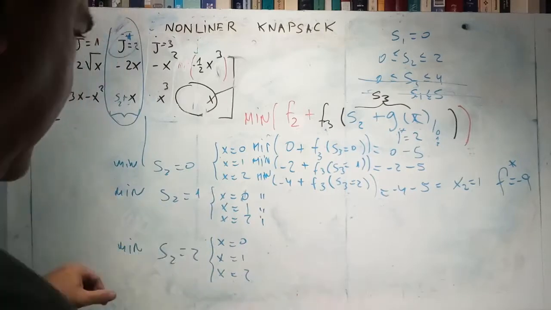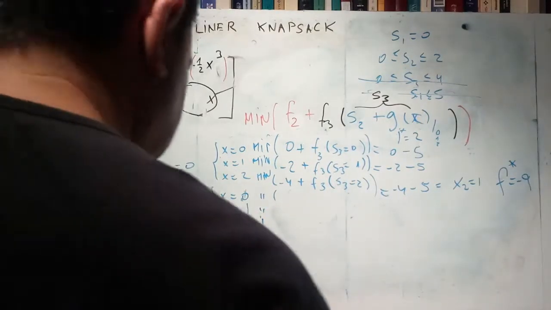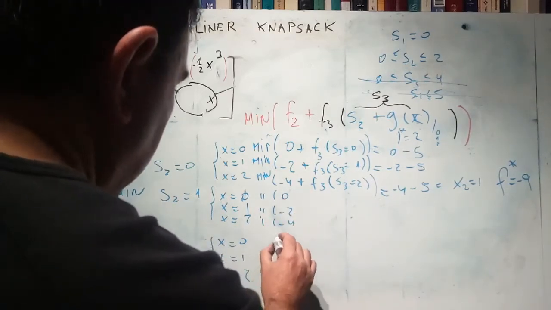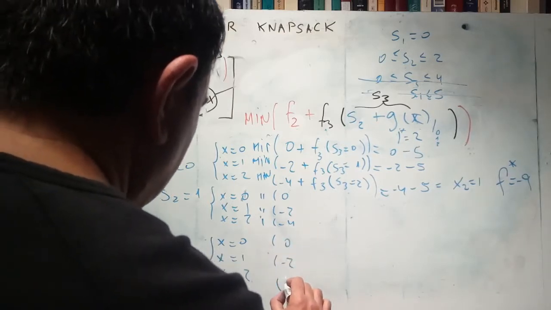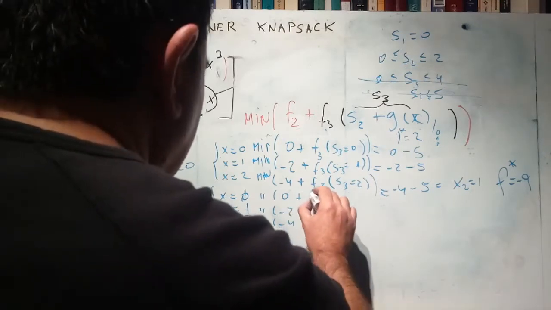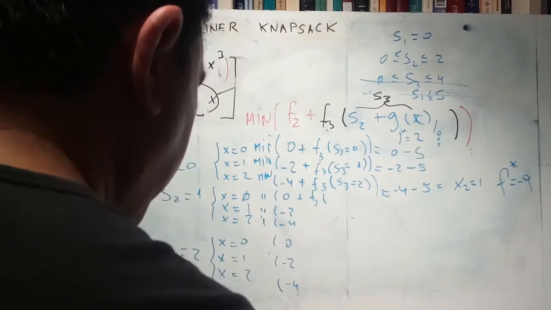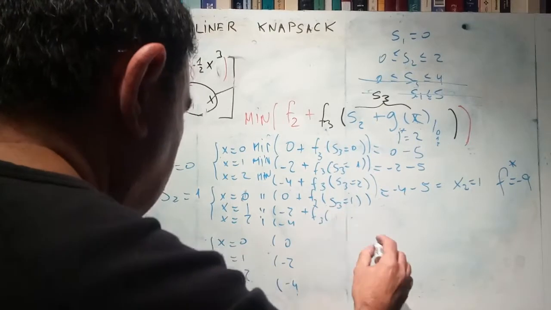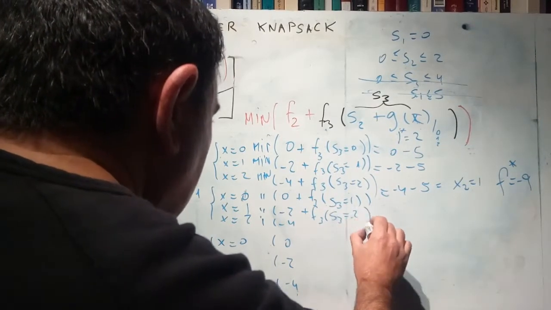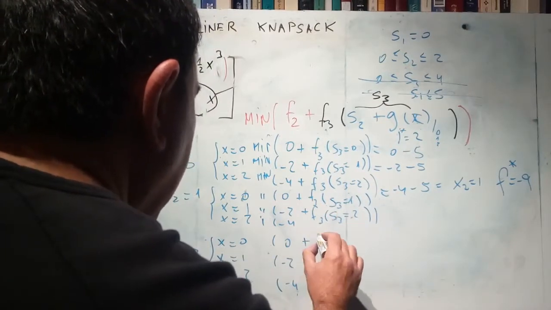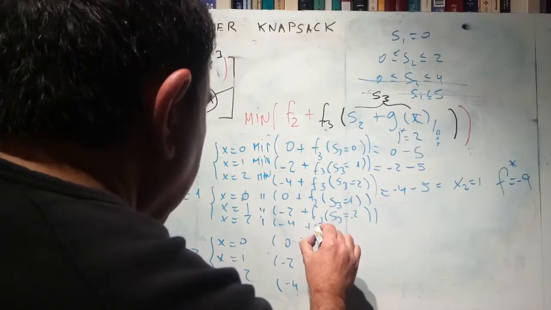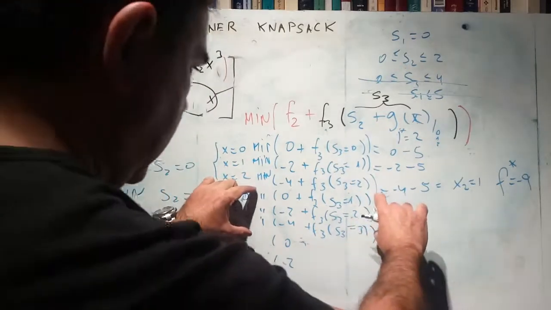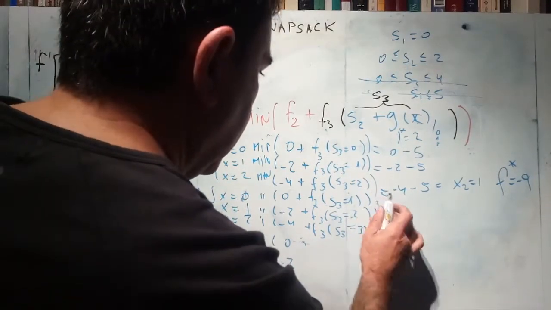So minimizing f2, that is to say 0, minus 2 and minus 4, this value is repeating in all the possibilities, plus f3 of s3 being 1, plus f3 of s3 being 2, plus, no, the last is here, plus f3 of s3 being 3. There are these three values, right? Let's see.